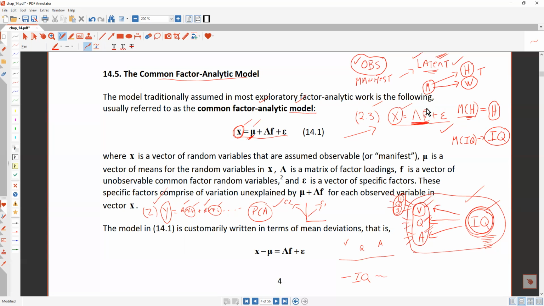We have lambda, then we have another vector that corresponds to a vector of unobservable common random factors. So this here is going to be a loading matrix, and the F is what Mayer is calling the factors over here. Those two things are going to be the same. They're just slightly different notation.